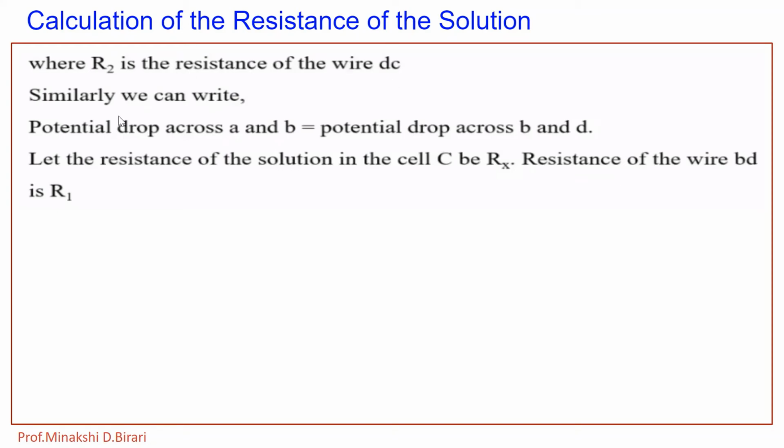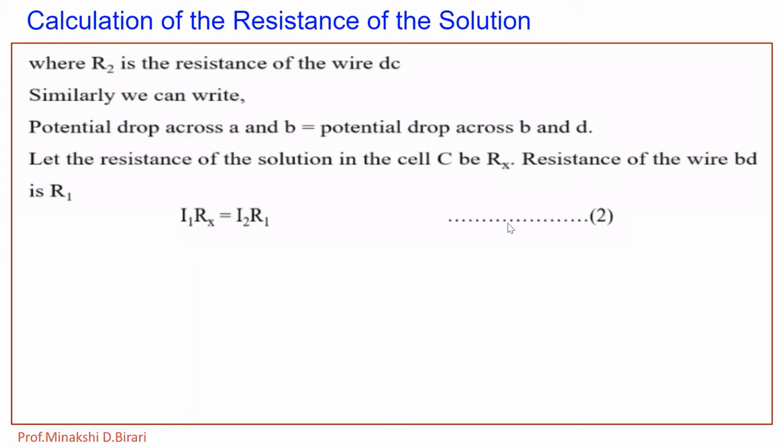Similarly, we can write potential drop across A and B is equal to potential drop across B and D. Let the resistance of the solution in the cell C be Rx. Resistance of the wire BD is R1. Therefore, we get I1 into Rx is equal to I2 into R1. We call this equation number 2.